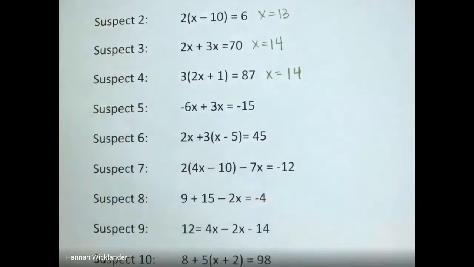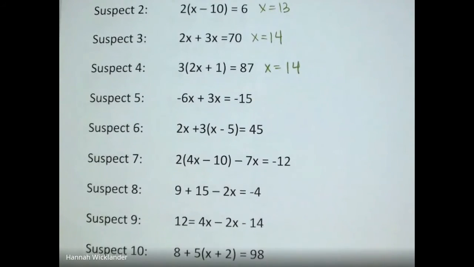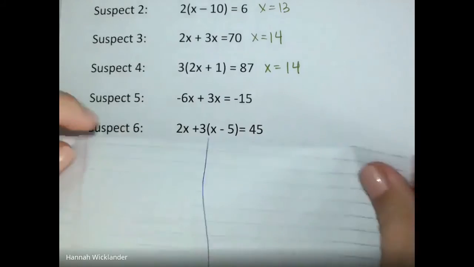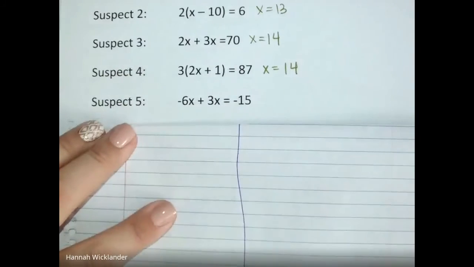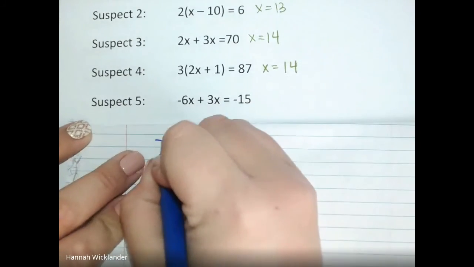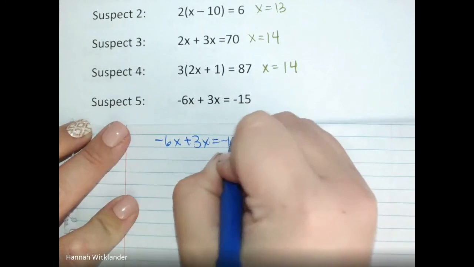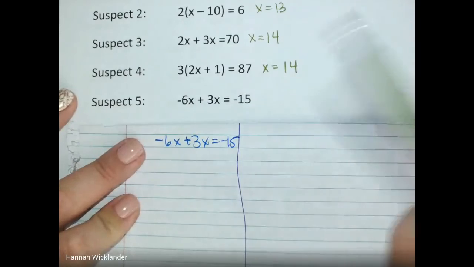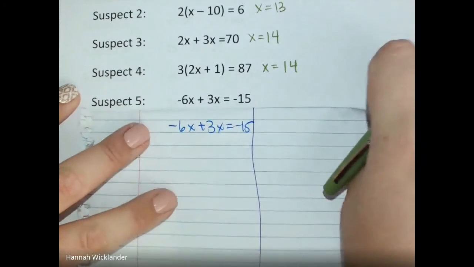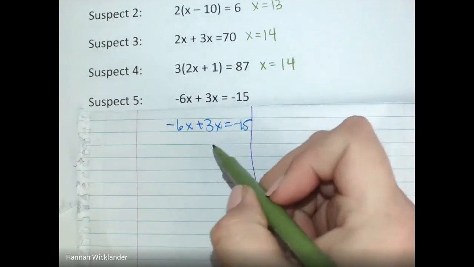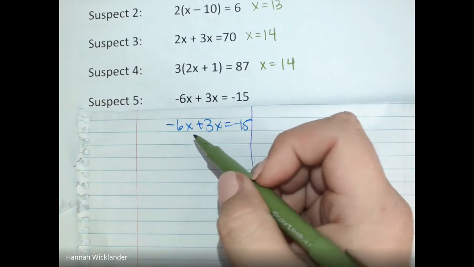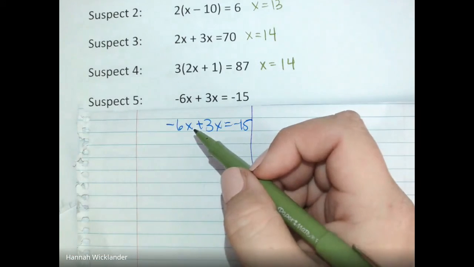All right, moving on to number 5. I have negative 6x plus 3x equals negative 15. I'm going to combine my like terms, which are the x's. So what's negative 6x plus 3x? Go ahead and type it in the chat.